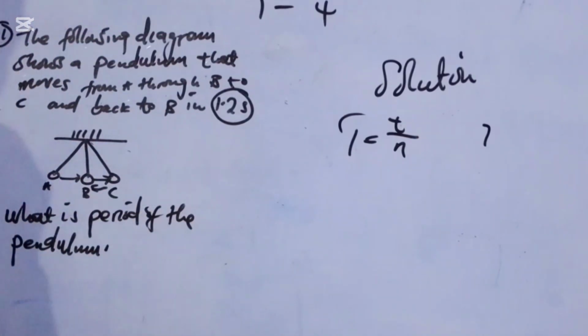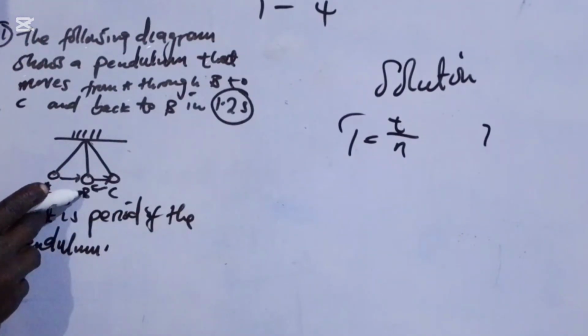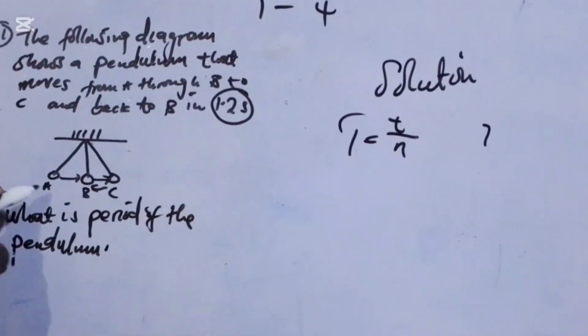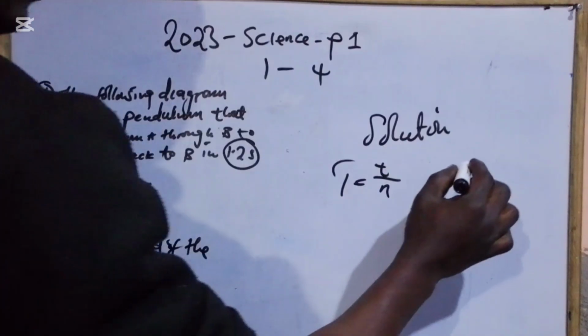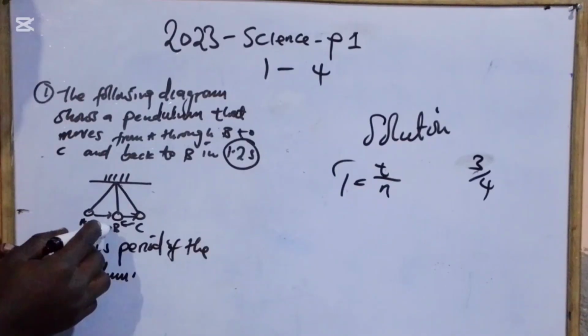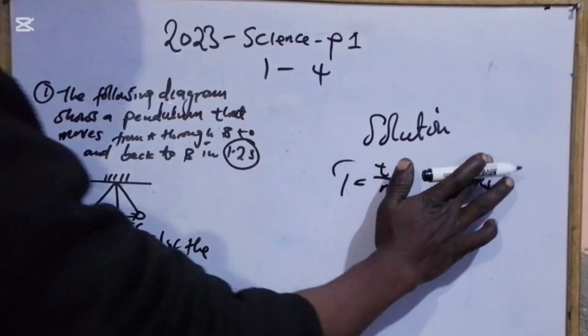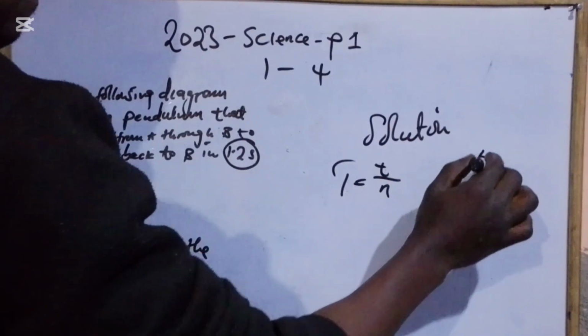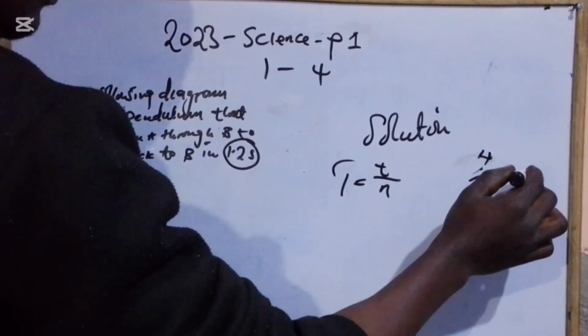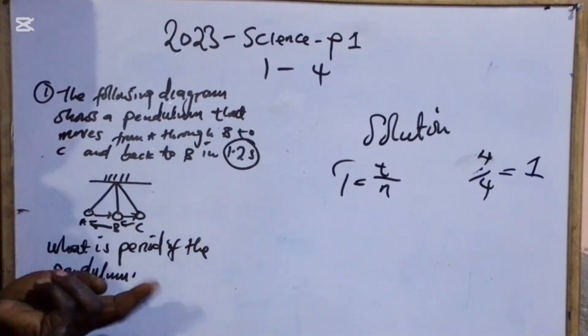Since it only moves from A to B to C and back to B without reaching point A, that means it is 3 out of 4, because once it reaches point A again, it will be 4 over 4, which is equal to 1 oscillation.